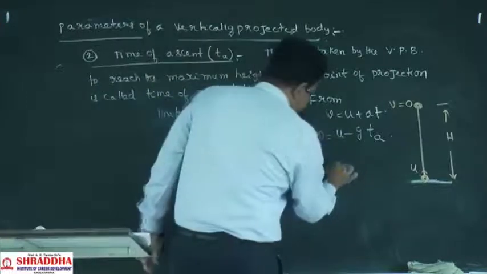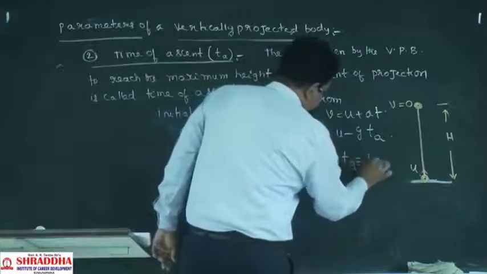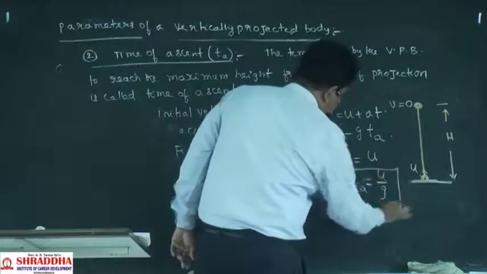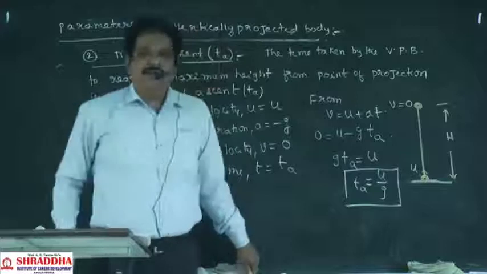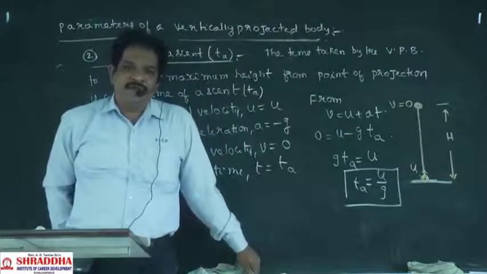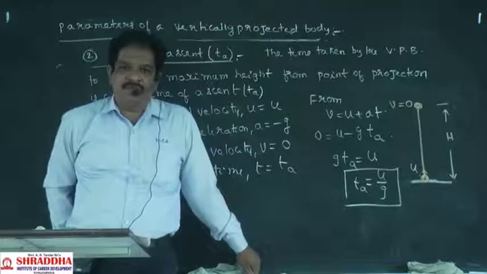So g ta is equal to u, ta is equal to u by g. So the expression for time of ascent, ta, is equal to u by g.